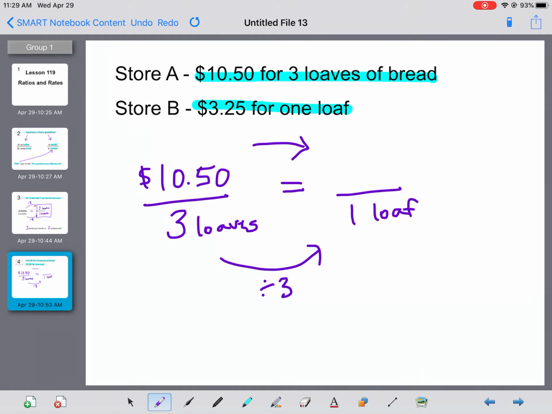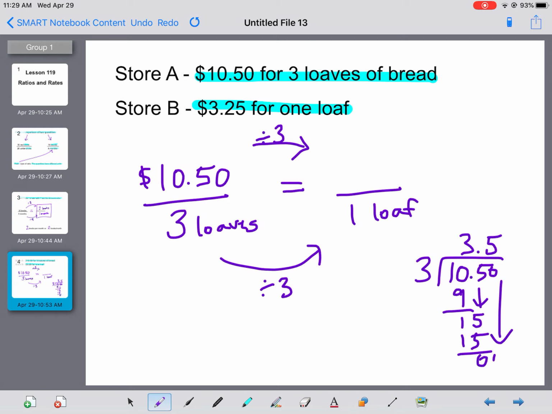You would divide by 3 to get that 1, which means you have to divide the top by 3 as well. Divide your $10.50 by 3. So you take your $10.50, you do some division. 3 goes 5 times. 15, end up with a 0. I'm running out of space, but you get the idea.